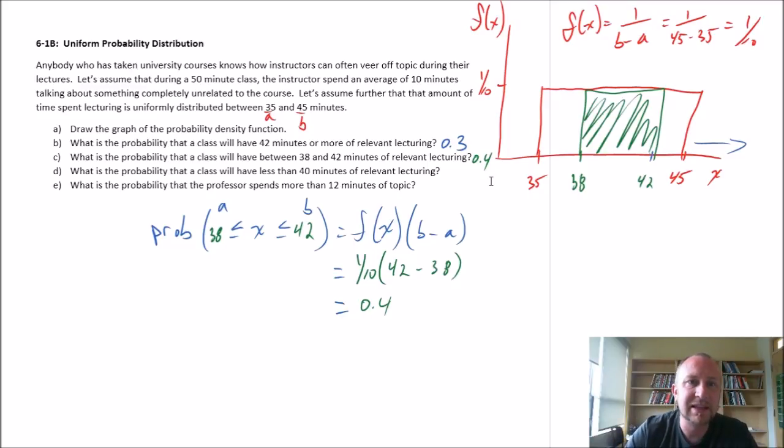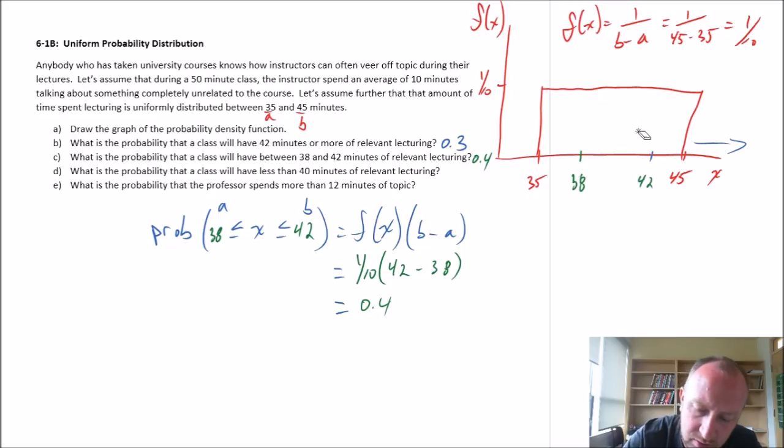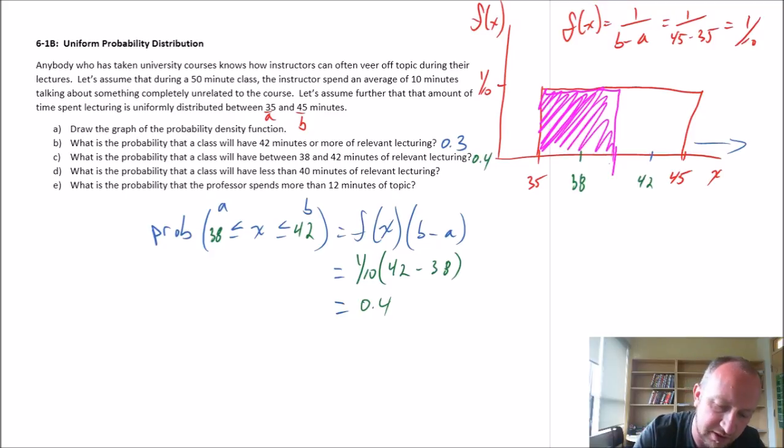What is the probability that a class will have less than 40 minutes of relevant lecture? So here's 40. Less than 40, well, the minimum value this distribution has is 35, so we're in this space here.